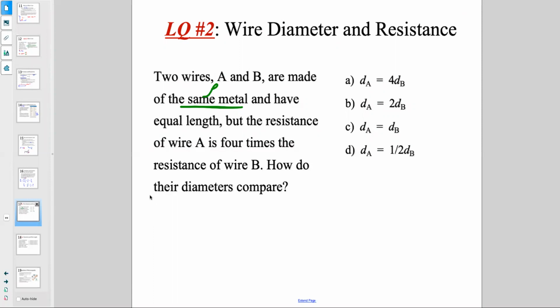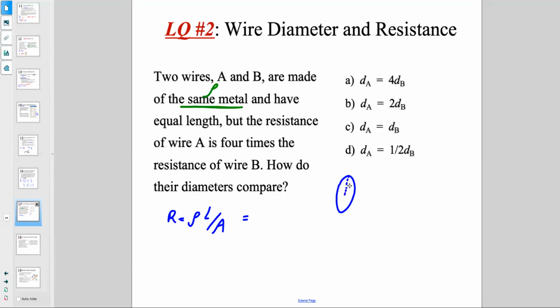Let's write what we know: R is rho L over A, okay? A is the cross section.